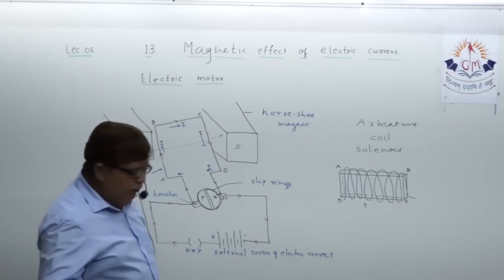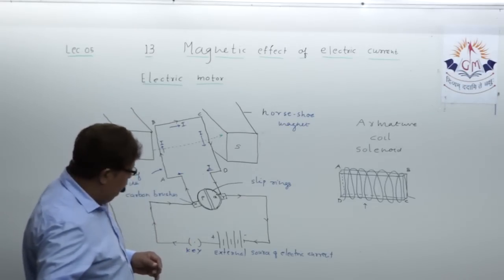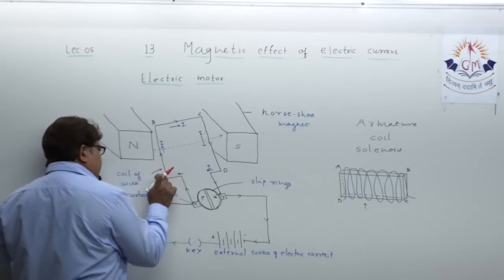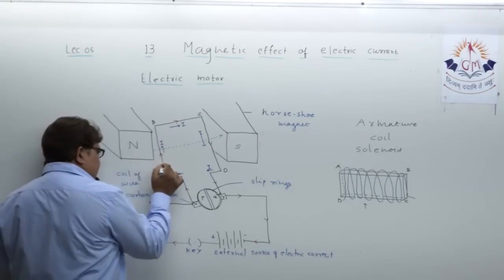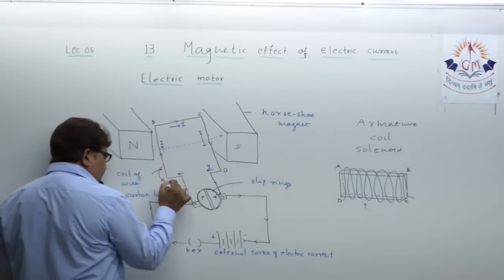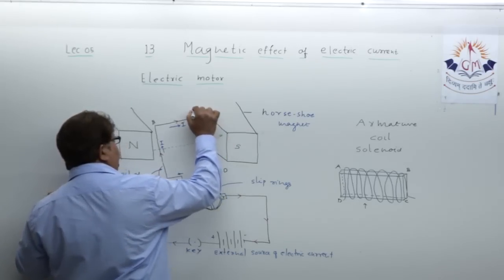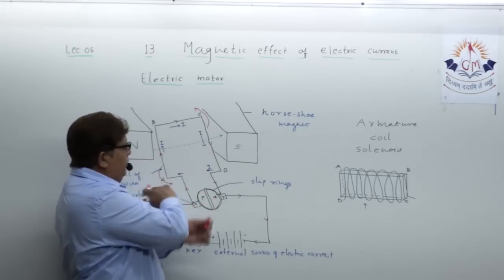So actually what happens, dear student, try to understand this. Because of the direction of electric current in this way, AB will be pulled downward and CD will be pulled upward. Understand?